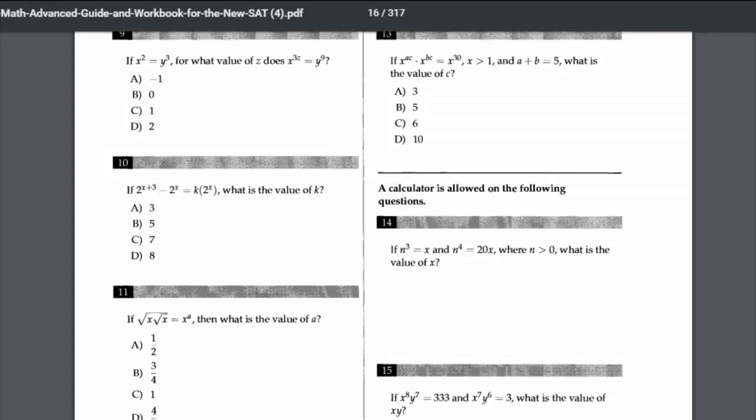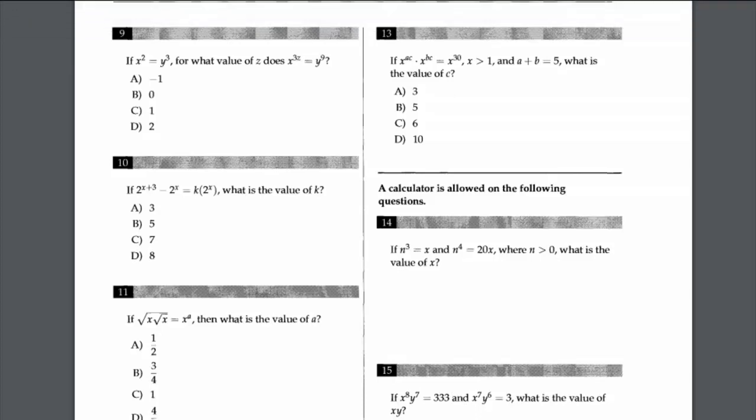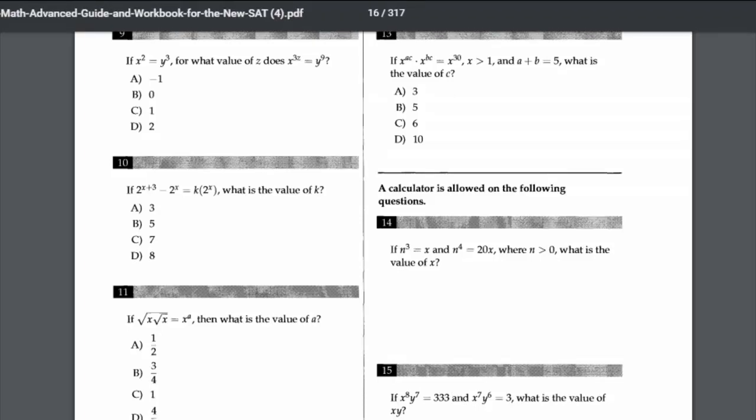Question number 9 says, if x squared equals y to the power of 3, what is the value of z, given that x to the power of 3z equals y to the power of 9? Here you can find that x squared equals y to the power of 3.